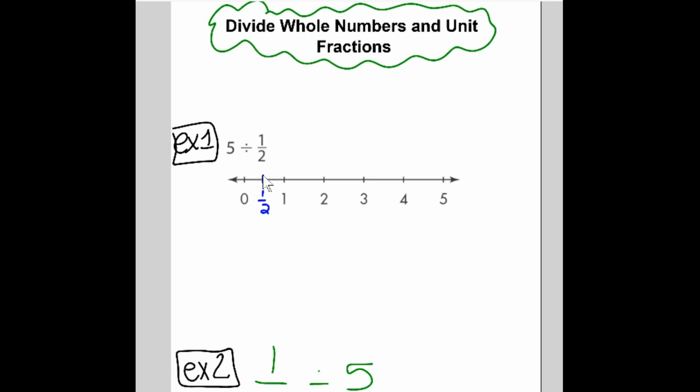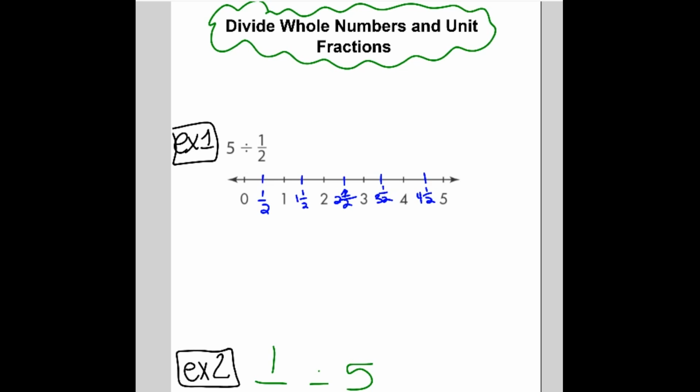So 0, 1/2, 1. Then it's going to be 1, 1.5, 2, 2, 2.5, 3. Sorry, that's a 1. Then 3, 3.5, 4, 4, 4.5, 5. Now we need to start our jumping.